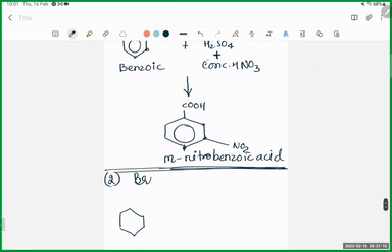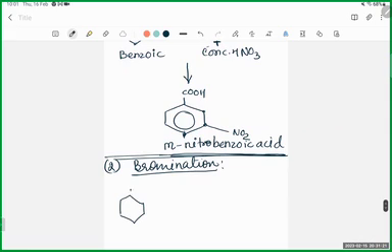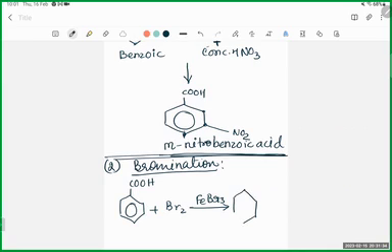The second benzoic acid reaction is bromination. Bromination happens in the presence of bromine. Benzoic acid plus bromine, and ferric bromide is taken. Whatever halide you take, you have to keep the same halide with the iron also. So we take the same meta directing COOH group; with respect to this, the third position is meta, so Br goes over here.